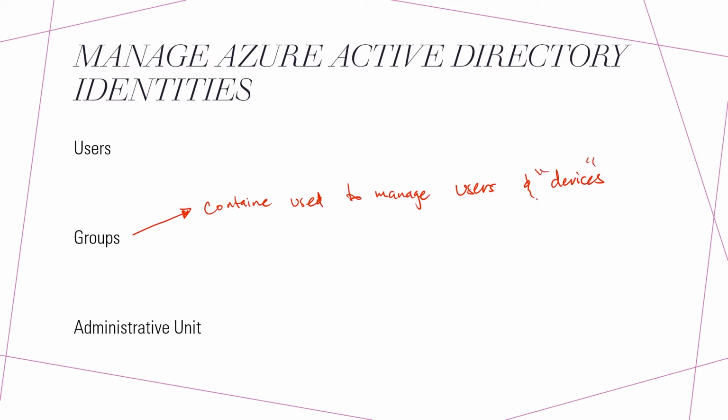I think for the exam, it will be more focused on users because we won't be tackling devices for groups. Now, in Azure AD, a group is just a mere container. So let's say this is Group 1, then it will contain all your users and devices, or mixed.